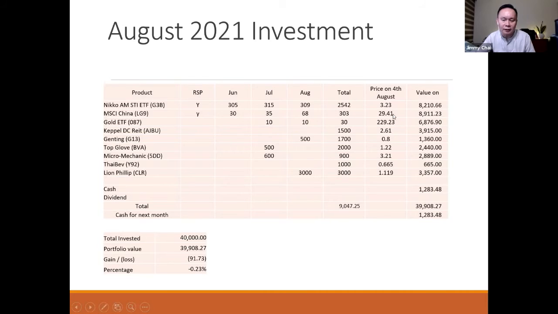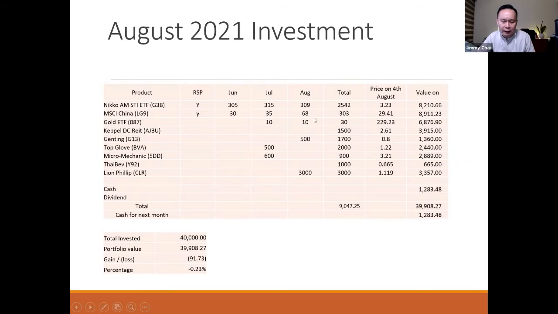In other words, instead of buying just $1,000 worth of China ETF, I decided to add 2 times because the price has dropped drastically. On the other hand, the STI has actually gone up, so it's sort of negated somehow.